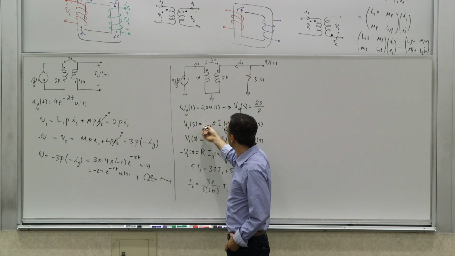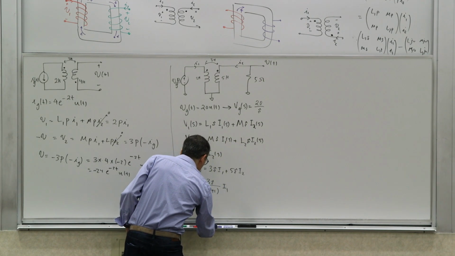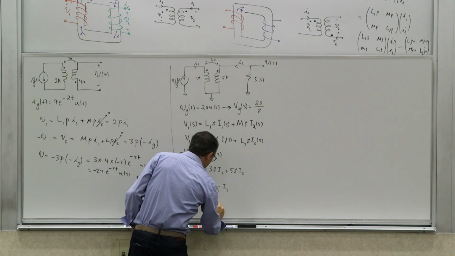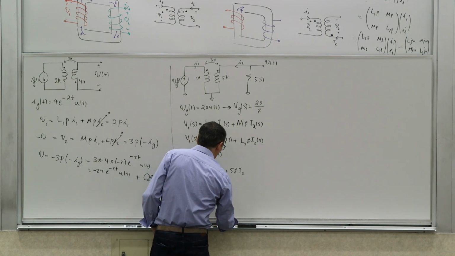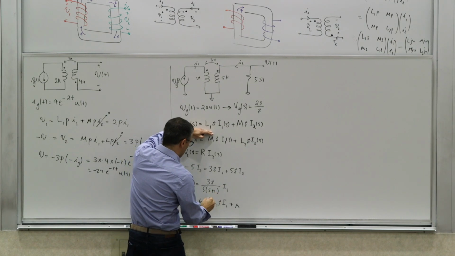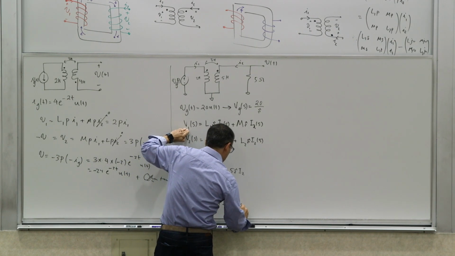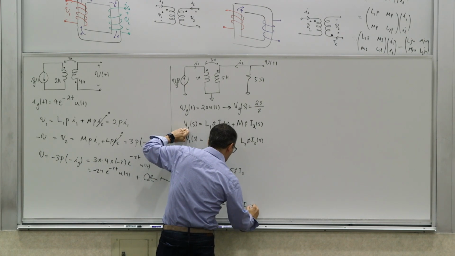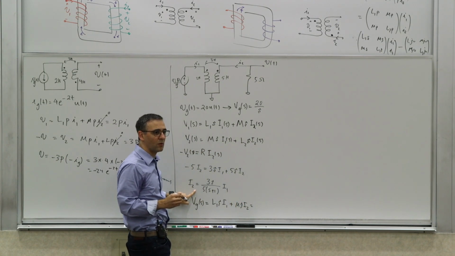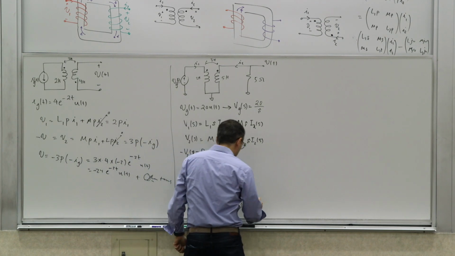Okay. Now the other thing that you know is that Vg is V1. So you know Vg of S. So it's basically algebra really here. L1S I1 plus M S I2. I'm using this first equation, just replacing V1 with Vg. Now, since we've solved for I2 in terms of I1, you can plug this I2 into this equation, and we'll make it numerical.